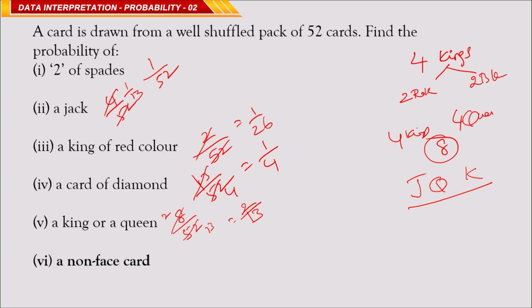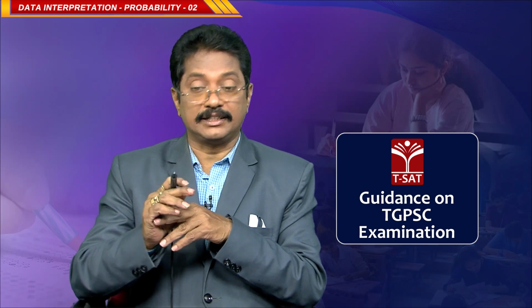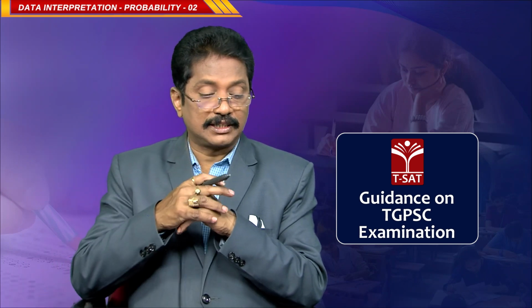Totally 12 face cards, so getting a face card is 12 by 52, that is 3 by 13. But the question is non-face card, which is the complementary event, means 1 minus 3 by 13. 13 minus 3 is 10. So, 10 by 13 is the probability of getting a non-face card. Clear? Okay.